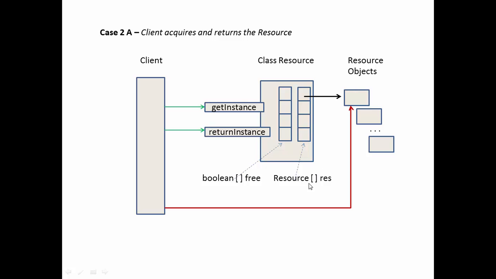So just for the sake of discussion, we assume that, obviously, this is just an illustration of how it could be implemented, that we have two arrays. One holds references to resources, the other one is simply a Boolean array, which, if it holds true, means this resource is available.